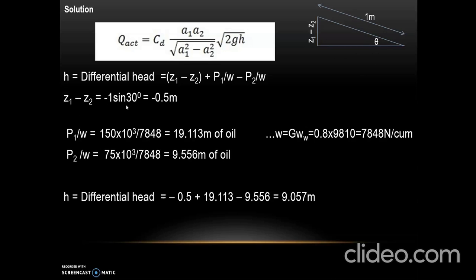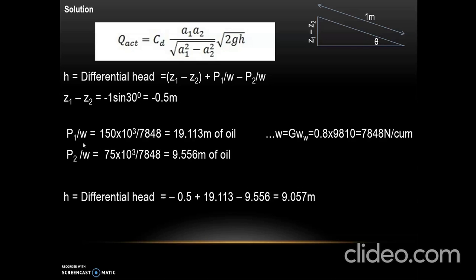So it is minus 1 sine 30 degree equal to minus 0.5 meter. The inclination is given as 30 degree. So sine theta will be Z1 minus Z2 divided by 1. So we get Z1 minus Z2 as equal to minus 1 sine 30 and finally the value is minus 0.5 meter.